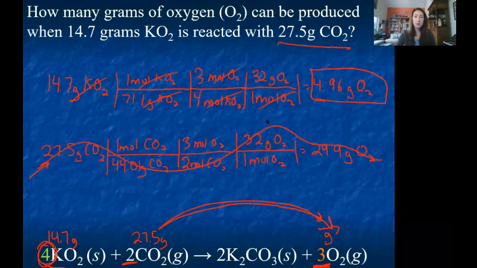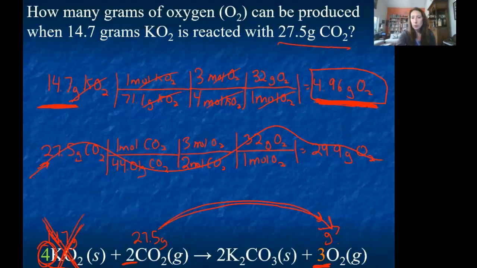Yes, we did a whole extra bit of work there, but what does this mean? So when we used 14.7 grams of KO2, we made 4.96 grams of oxygen, right? After we made this 4.96 grams of oxygen, we had no more KO2 left. It was all gone.